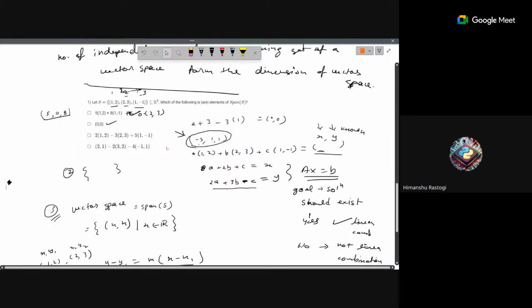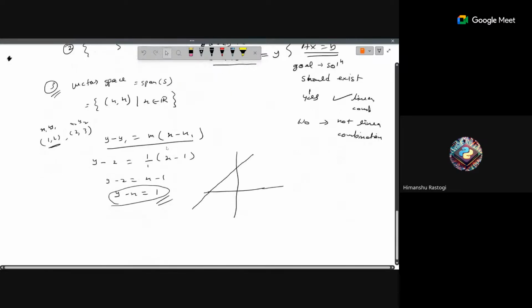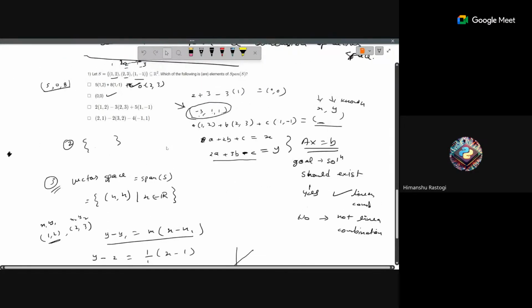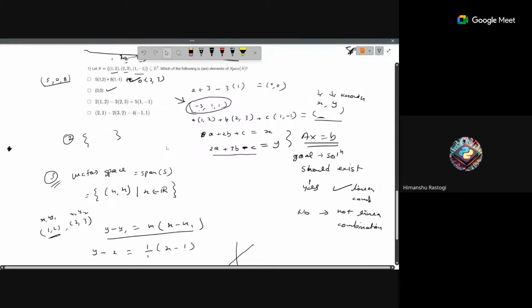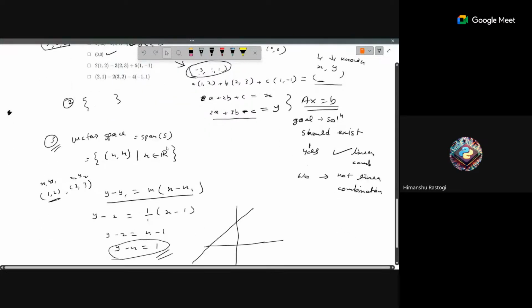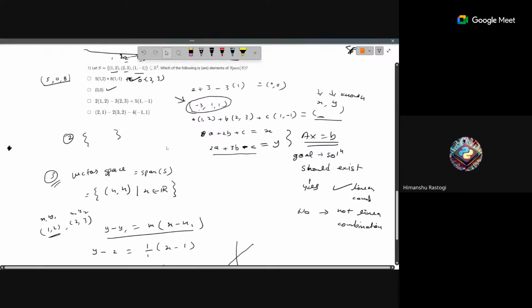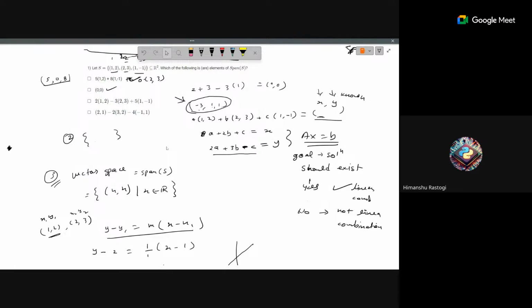Sir, I have a confusion. So in this span, one of these three should be a linear combination of the other two because it is a span over R2. But I am not able to identify which is the dependent one.